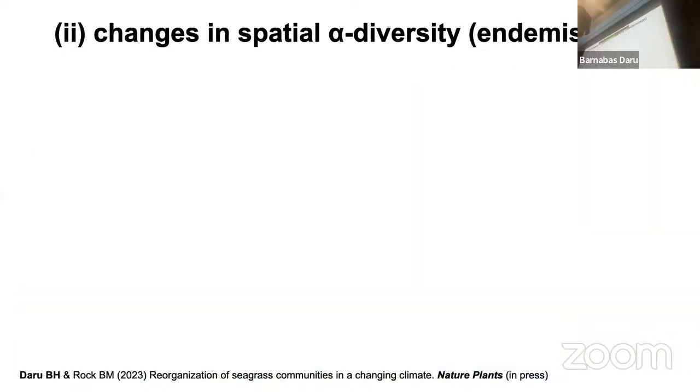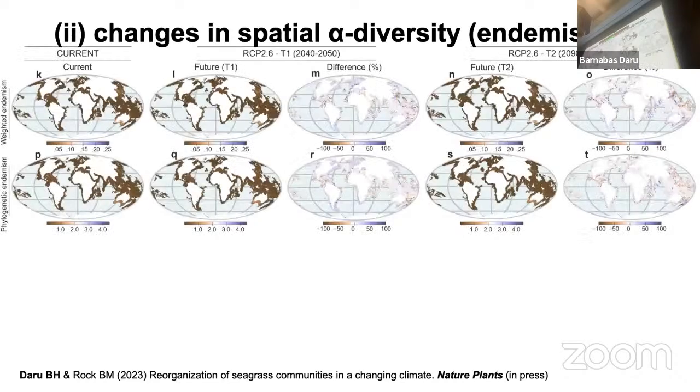And so we then wanted to know if these changes also impact irreplaceability as measured by endemism. And so we mapped facets of species-weighted endemism and phylogenetic endemism. And these metrics really just quantify the degree of range restrictedness of species. And we contrasted that for current scenarios and future scenarios in 2050, as well as in end of century scenarios in 2100.